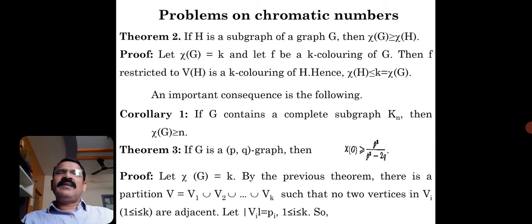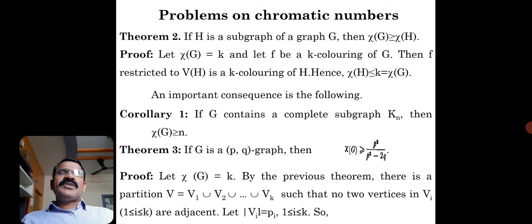So V1 is a partition of the vertex set having the vertices of the same color. Similarly, V2 with another color, and so on. These are the subsets V1, V2, V3 and so on, up to Vk. Obviously, if you find the union of all these subsets, it will be the vertex set of the graph G.